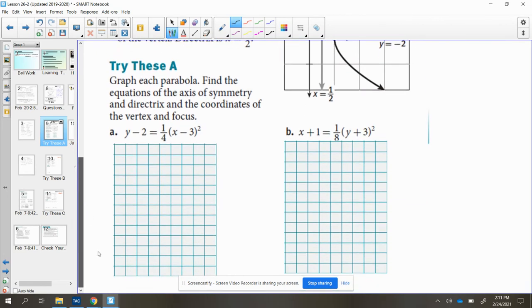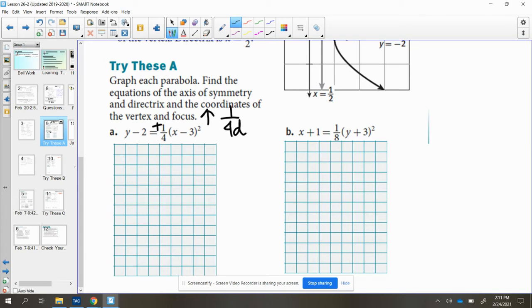Okay, so I would recommend graphing these in the My Notes section, which you should have enough room for both A and B on there. Okay, so the first one, example A, is in standard form, and we know this is an up-down facing parabola because the x is squared, and in fact we know it's going to be opening up because this is a positive value out front.